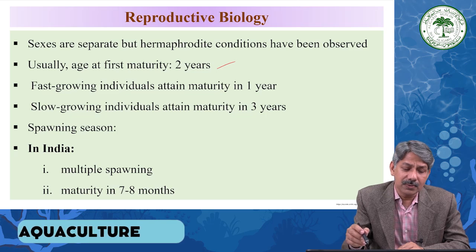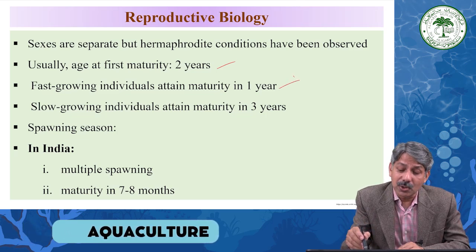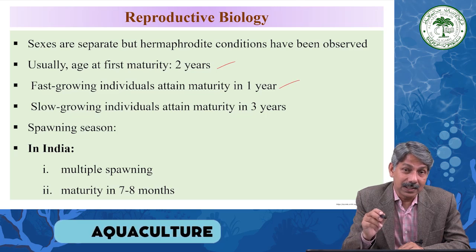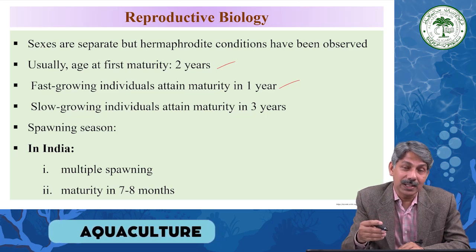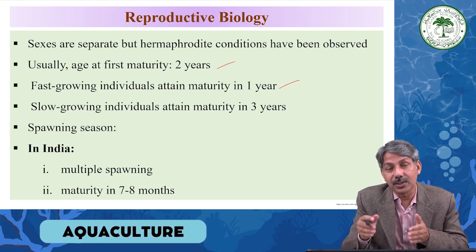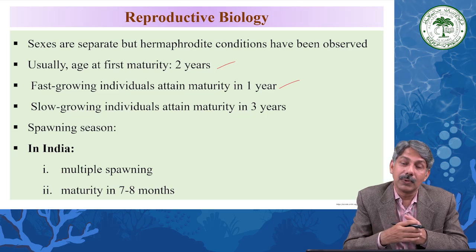There are fast growing individuals. If the growth is fast, then they can attain maturity even in 1 year. In some cases, you will get to see the age and growth data with relation to size. So if by that context you see that these are showing a faster growth rate, then even a 1 year individual may also show maturity.